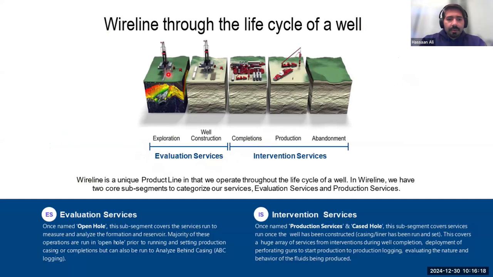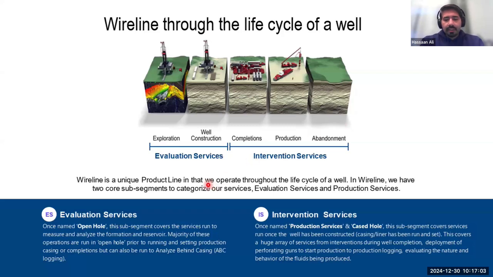It starts with the drilling operation, the completion operation, the pumping operation where the hydraulic fracking is performed, the intervention operation across the life cycle of the well, and finally the abandonment, where the well is capped, it is pumped with cement, the topside surface facilities are removed, and then remediation effort is performed, and the well effectively disappears from the surface. So you can see, all the way from exploration, well construction, completion, production, abandonment, wireline performs its individual specific operation across each individual stage of the life cycle of the well.